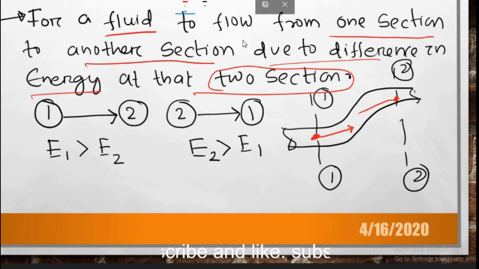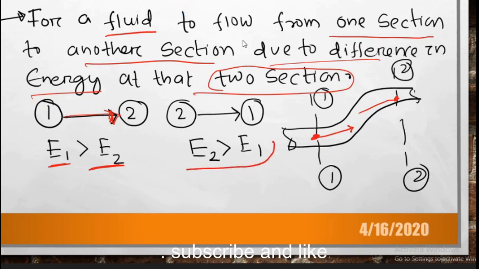We cannot say that if the pressure energy at point 1 is greater than at point 2, then the fluid is flowing from 1 to 2. No, we have to calculate the total energy. If the total energy at section 1 is greater than at section 2, then the fluid will flow from section 1 to section 2.